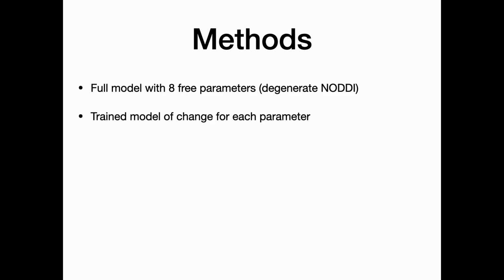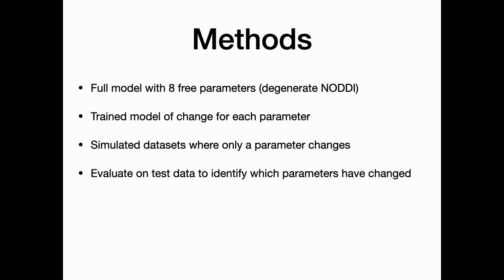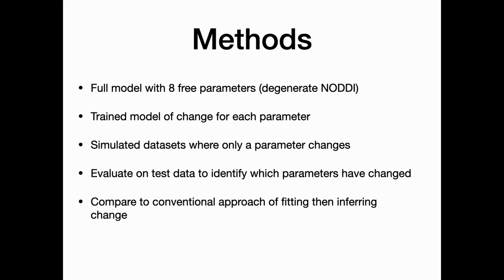We then generated simulated dataset pairs, where in each pair, only one parameter was different between the two groups. The trained models were evaluated on these datasets to test whether they could correctly identify the changed parameter. For comparison, we also applied the conventional approach by fitting the model to each dataset separately and then trying to infer the changed parameter from the estimations.